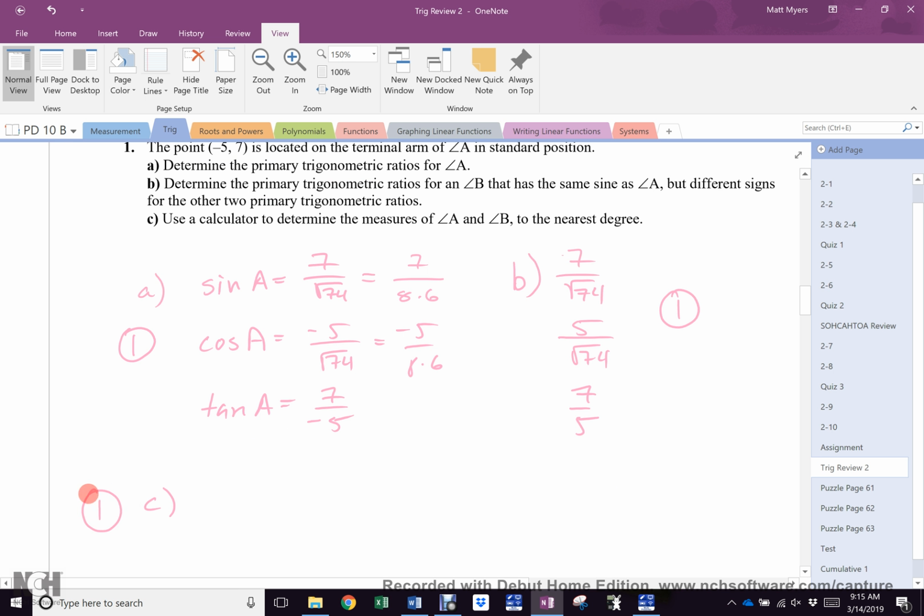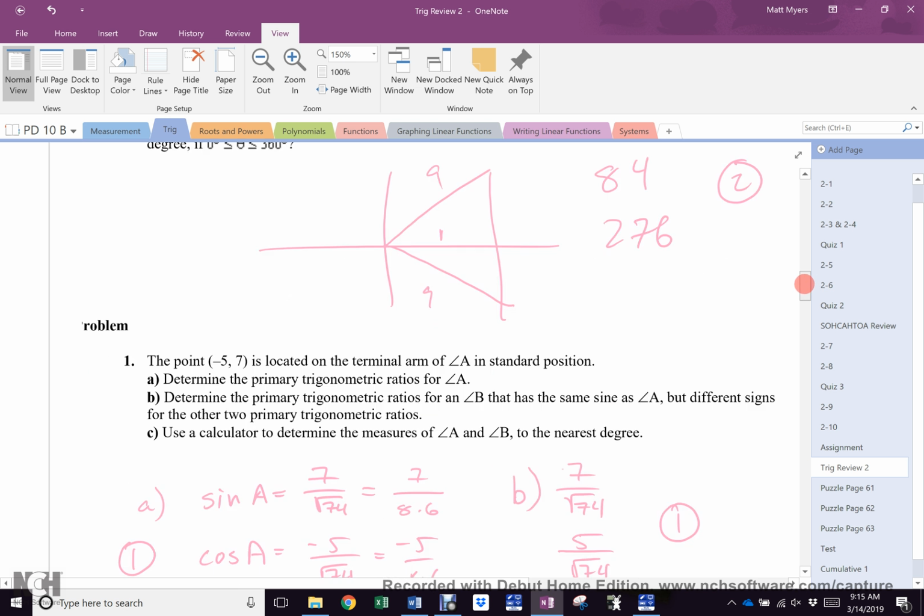C, also for 1 mark, is shift down. 126 is A, and 54 is B. Making that page out of 5.